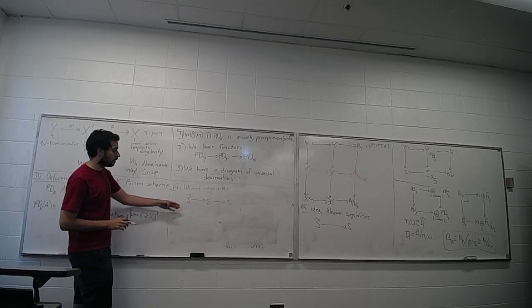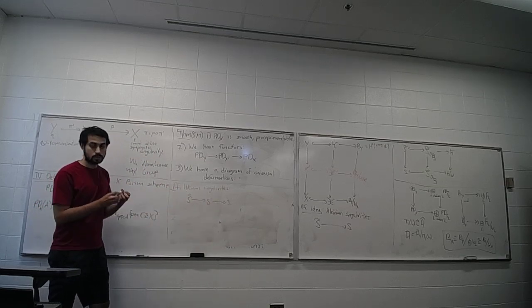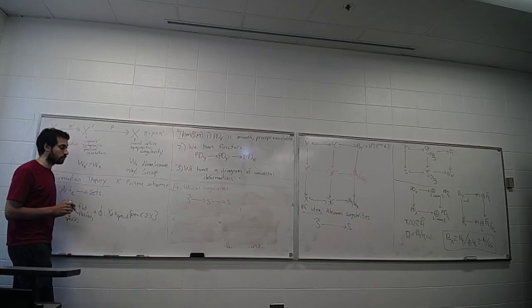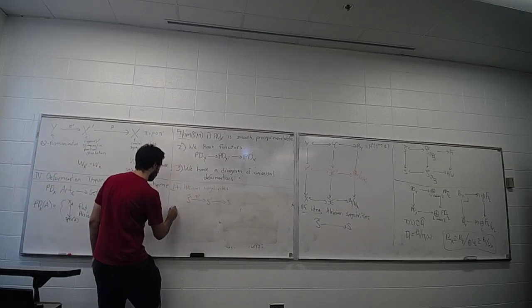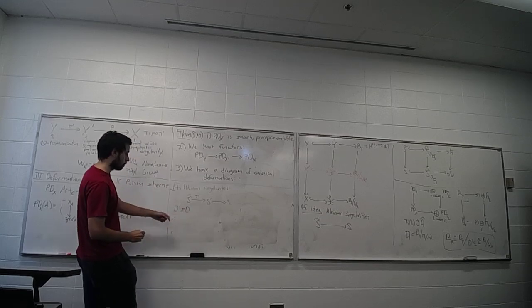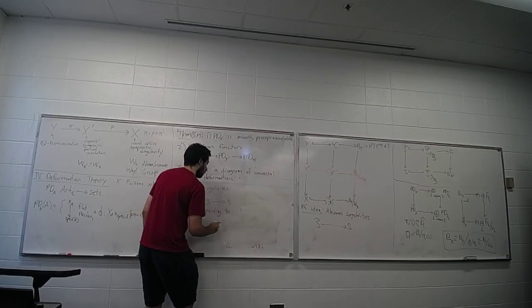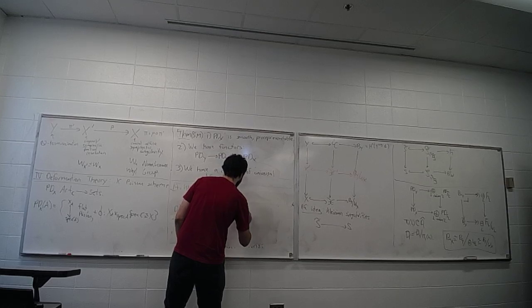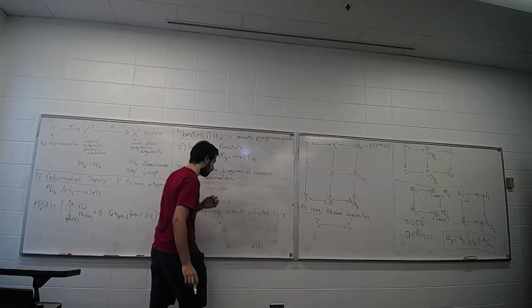But now, as we said before, the exceptional fiber of this resolution is just a union of P1s in the shape of a Dynkin diagram. So what we can do now is we can take the subset of that Dynkin diagram corresponding to curves contracted by this map. So we'll get just a subset of the Dynkin diagram.